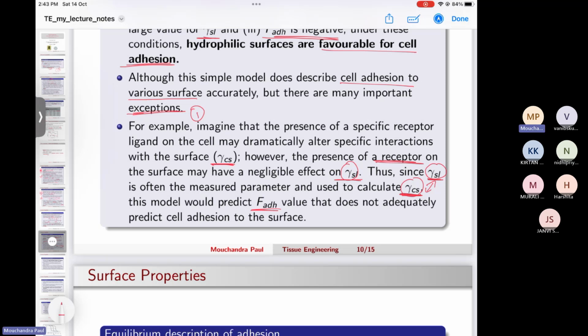Due to the presence of specific interaction, this ligand receptor interaction, the values that we will measure for gamma SL, the surface tension between solid and liquid, and gamma CS, between cell and solid, are not predicted accurately. Because of that, the value that we get for the free energy is not correct. So this whole model fails to adequately explain the behavior of cell adhesion to the surface.